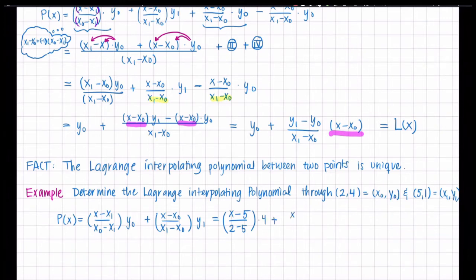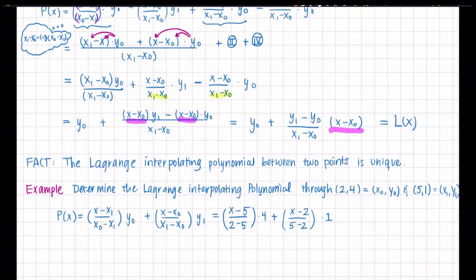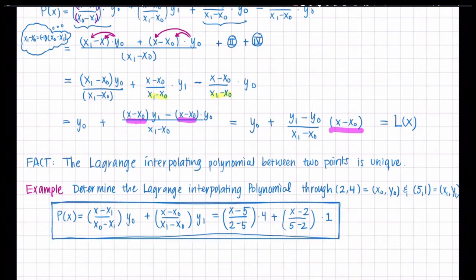And x minus x naught, I can see x naught is 2, divided by x1, which is 5, minus 2, multiplied by 1. And this is the form that I prefer your answers stay in. Don't try to simplify this. And just leave it like that.